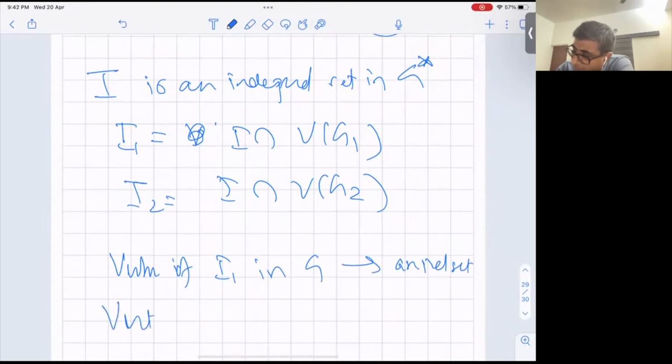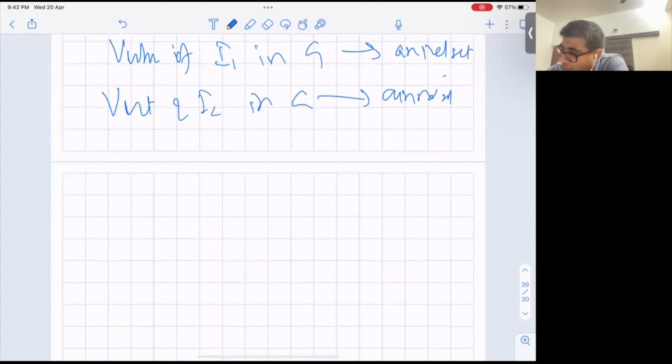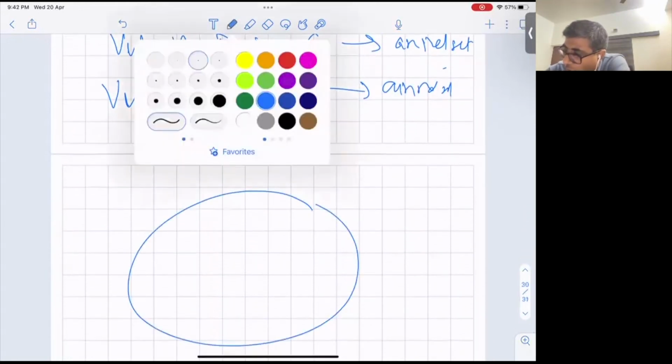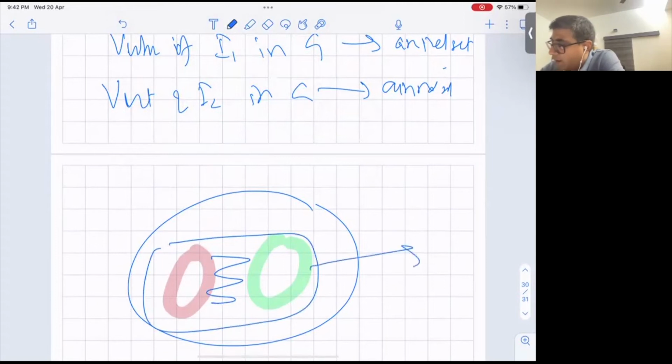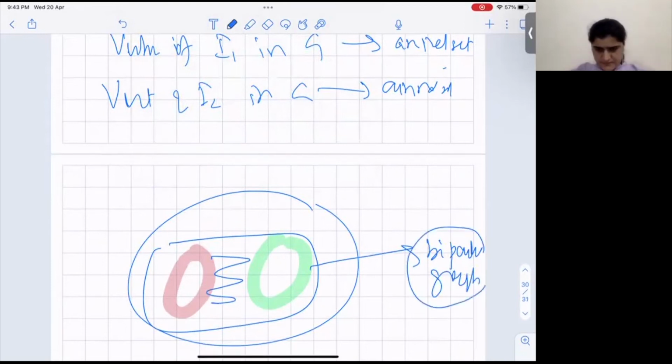The vertices of I2 in G are also an independent set. So what did you get in G? One independent set, and another independent set. So you have a set of vertices divided into two color classes, no matter what edges they have between them. This is a bipartite graph, right? So every independent set in G star corresponds to a bipartite graph in G.